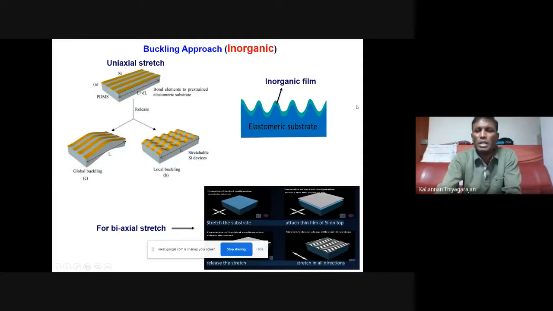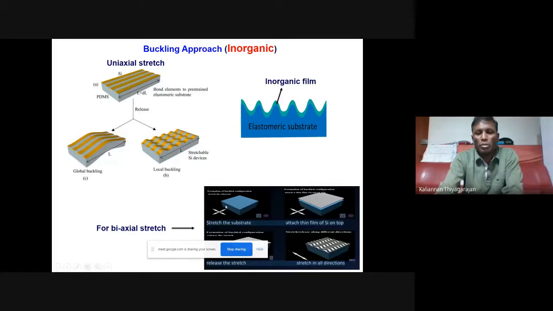And this is the real cross-sectional view of this setup. Here is the elastomer structure, and this is the inorganic material, whether gold or aluminum oxide or whatever it is. You make it with this pre-stretching, then release it, and you make this buckle structure. This will help to make your device stretchable.